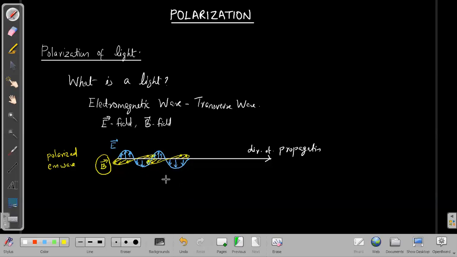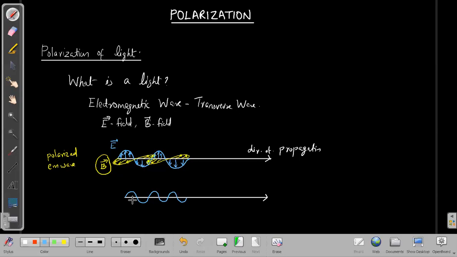Then how would an unpolarized electromagnetic wave be? If you look at an unpolarized electromagnetic wave, there will be oscillation of electric field along the vertical direction.